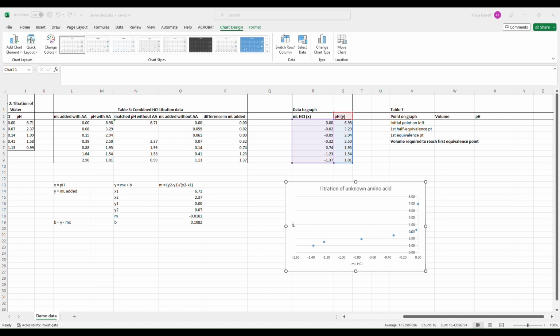So that's why when we look at this graph, we want to start figuring out those mL values and those pH values at those equivalence points and half equivalence points, because once we have pKa information and using our volume information, we can use that to identify our unknown amino acid. So on this graph, we are showing the 2 equivalence points, and our other half equivalence point is somewhere over here, with our pKa somewhere around 9 or 10.